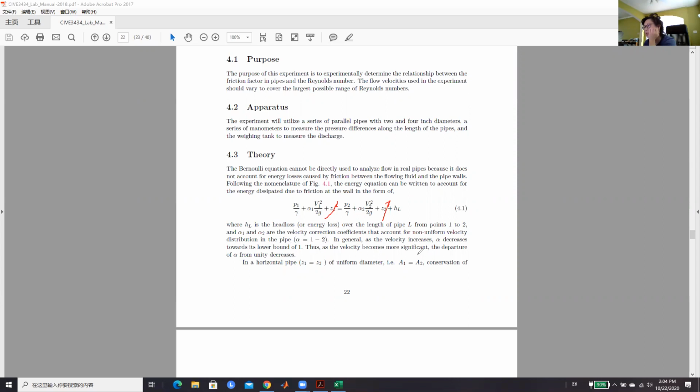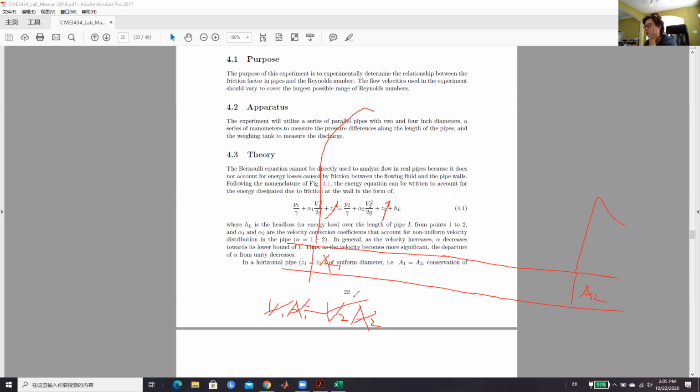And because the cross section of the pipe doesn't change, A1 equals A2. So V1 A1 should equal V2 A2. If A1 equals A2, then V1 should equal V2 too.